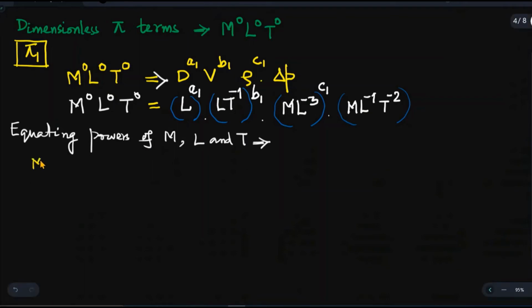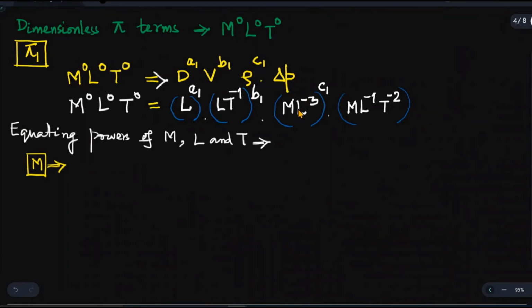So if you equate M, on the left hand side it is 0. Look at it carefully. Left hand side it is 0. Right hand side we have M L raised to minus 3 whole raised to c1 and into M L raised to minus 1 T raised to minus 2. I'll group it like this for you, and that will be easy for you.